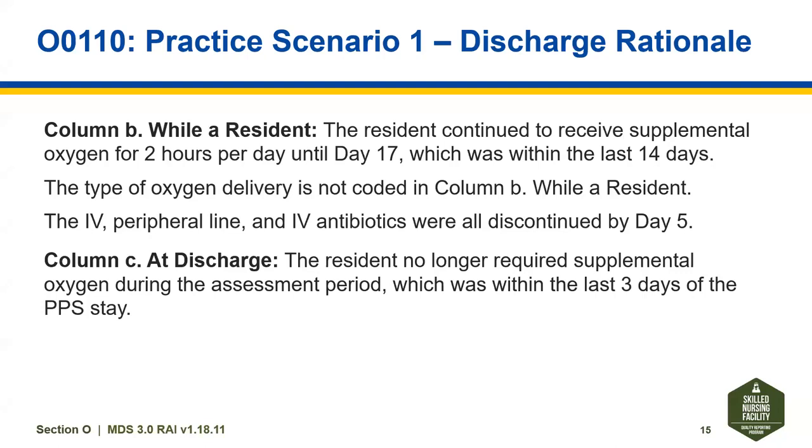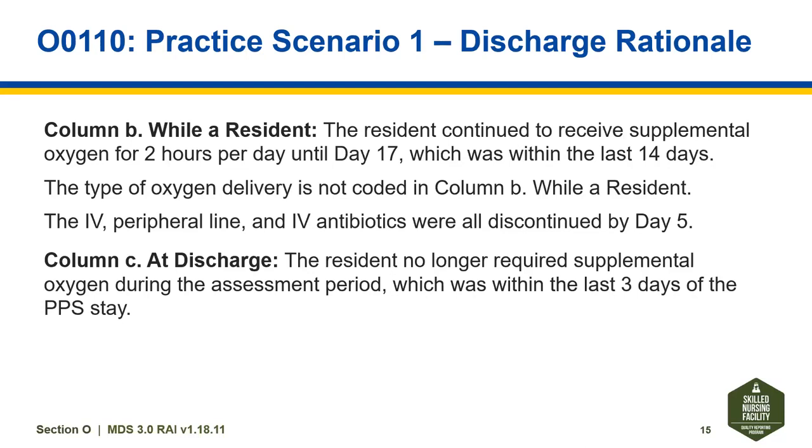So for column B, while a resident, the resident continued to receive supplemental oxygen for 2 hours a day until day 17, which was within those last 14 days. The type of oxygen delivery is not coded in column B while a resident.